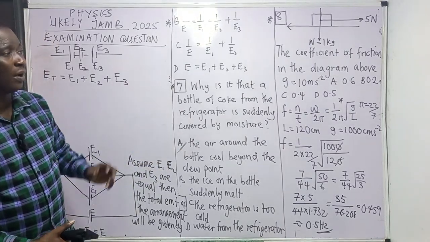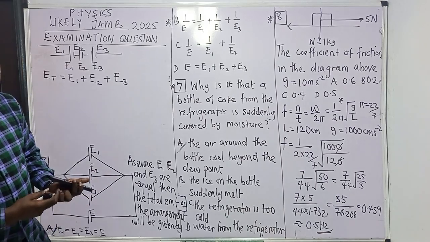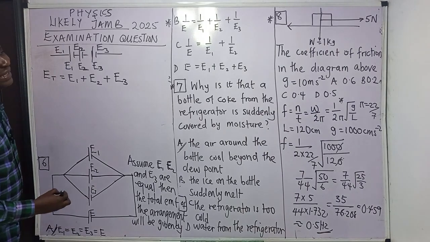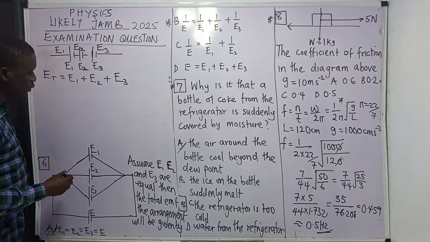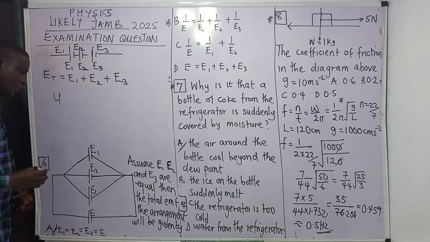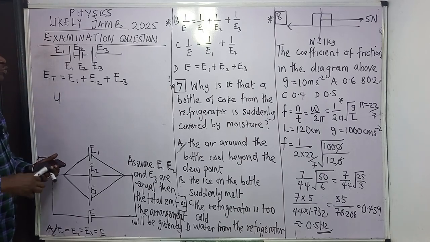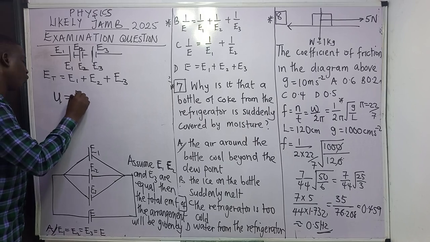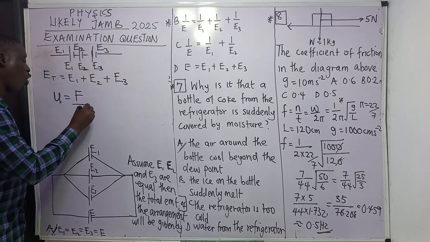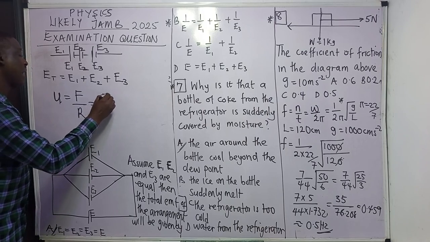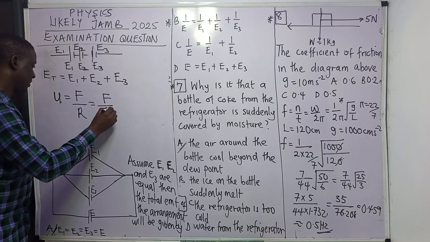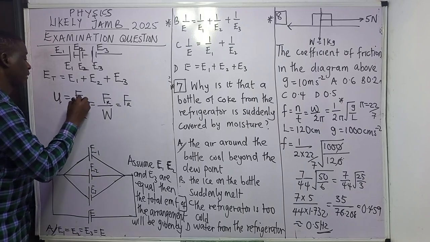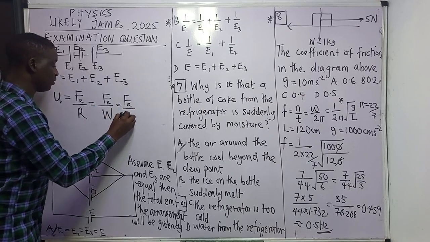So that is just that we don't have enough time. Number 8 now says: the coefficient of friction in the above is what? Now coefficient of friction is equal to F over R, or we can write it as F over weight, where F is the frictional force, over mg.